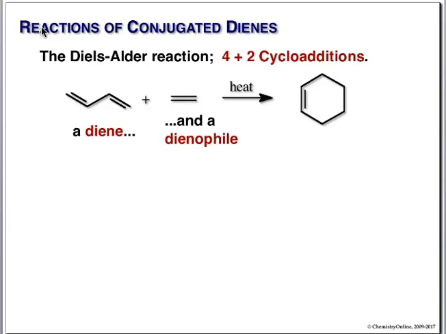And you take an alkene that we're going to call a dienophile. Dienophile means diene-loving. So we'll see that there are dienophiles that are much better than ethene, but nonetheless, this works. You put these guys together, you heat it up, and you form cyclohexene. 4 plus 2: 4 carbons plus 2 carbons, 6-membered ring with a double bond.